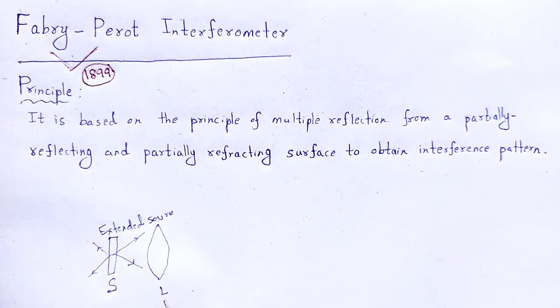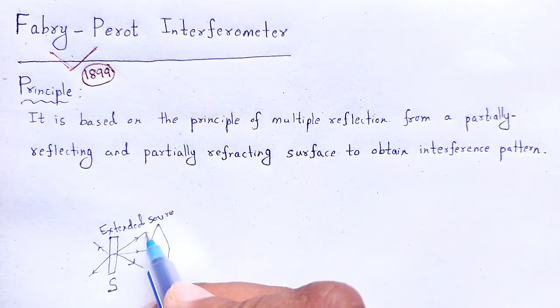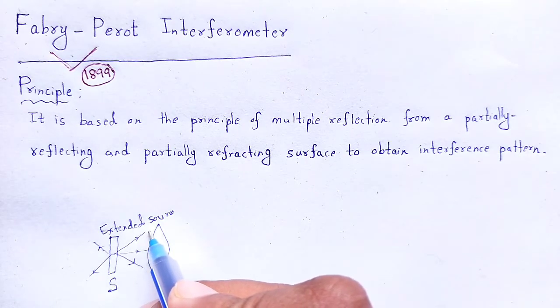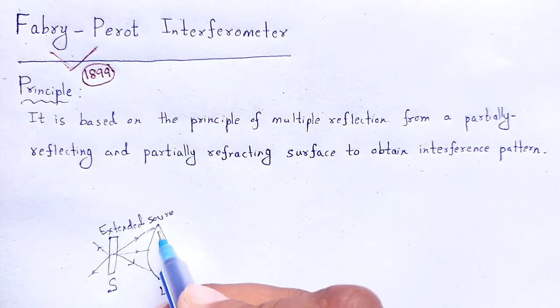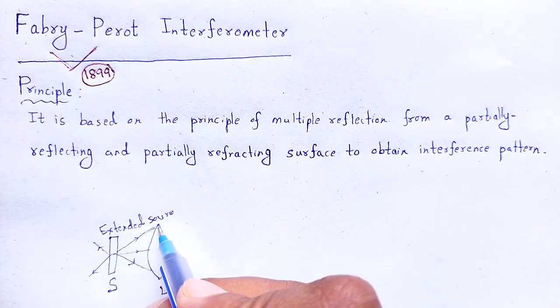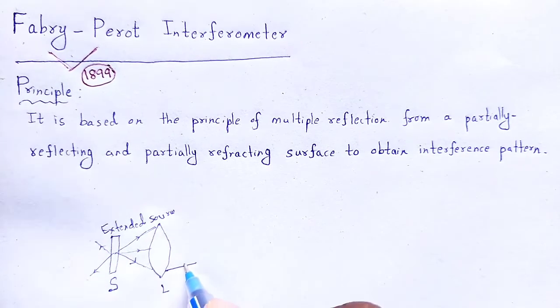That is a collimating lens; these rays are parallel. Let me take one of the rays.